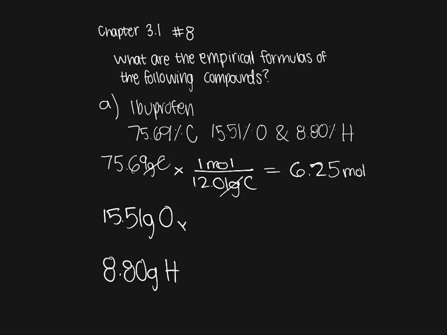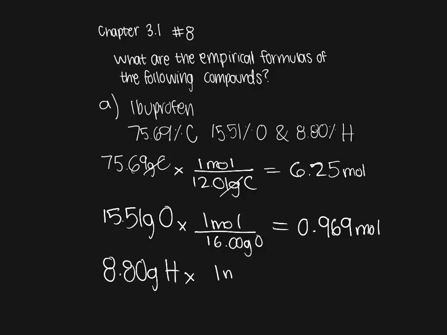We do the same for oxygen here. 1 mole over 16.00 grams of oxygen, and we get 0.969 moles. Lastly, we do this for hydrogen. 1 mole over 1.01 grams of hydrogen, giving us 8.73 moles of hydrogen.